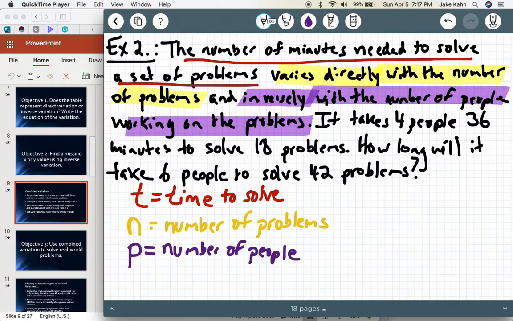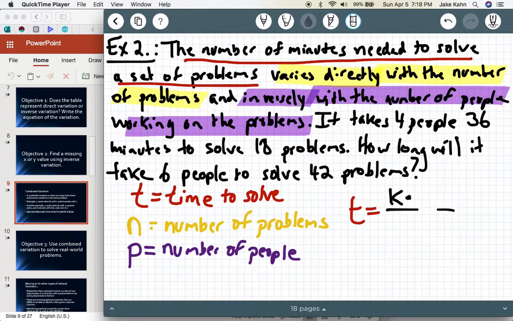All right, so now I'm going to set up my equation. The time it takes to solve varies directly with the number of problems. So we will have K times P on the top of this fraction. And it varies inversely with the number of people working on the problems. Oh, I'm sorry, I made a mistake.